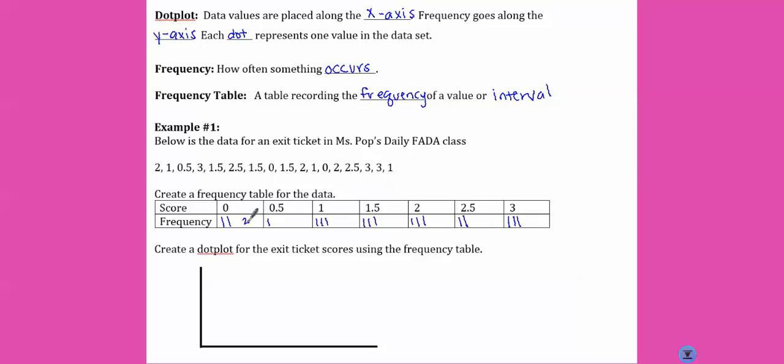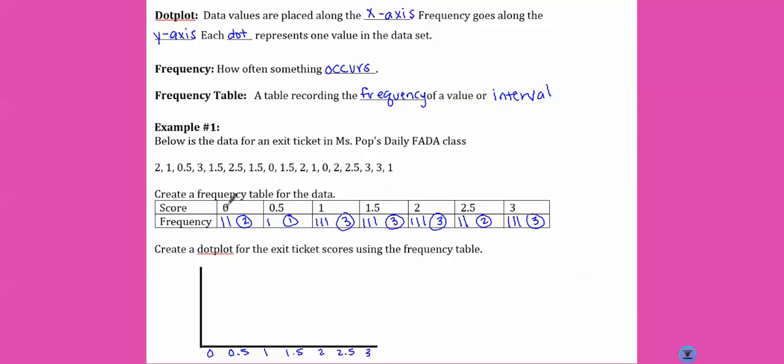So along the bottom, I'm going to put 0, 0.5, 1, 1.5, 2, 2.5, and 3.